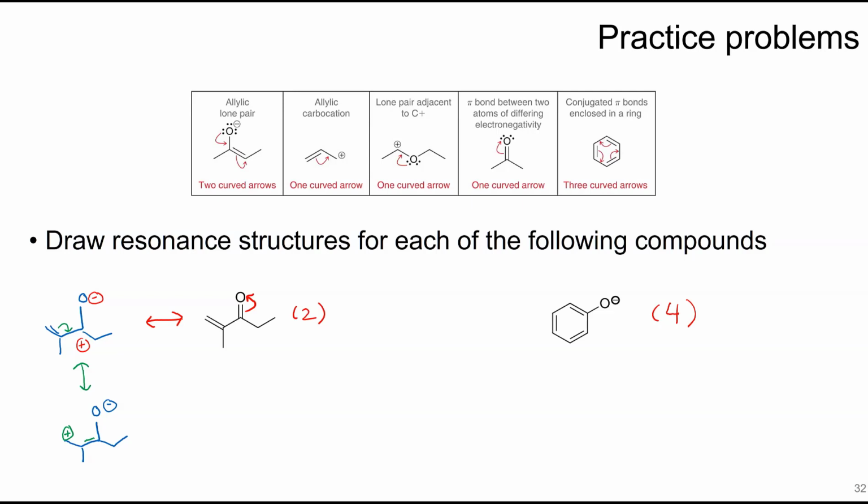This one's kind of tricky because we had that benzene ring, so that adds a lot more arrows that you can draw. So I'm going to move this electron pair to form a double bond. Once it does that, these have to go somewhere, so I'm just going to put them onto that carbon. So this is negative on this carbon right here. We can also move those electrons into here and put that onto that carbon.